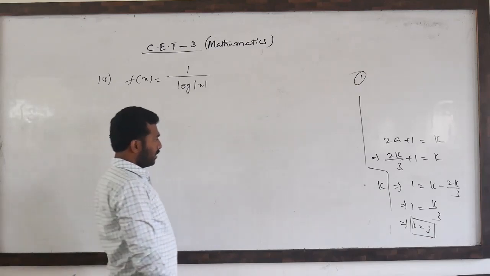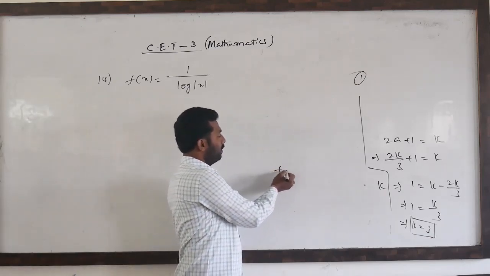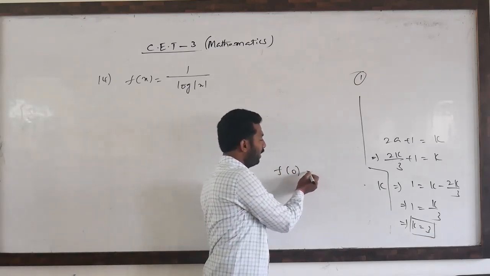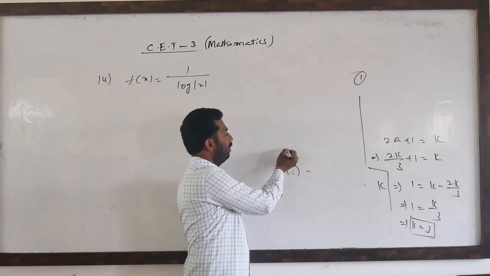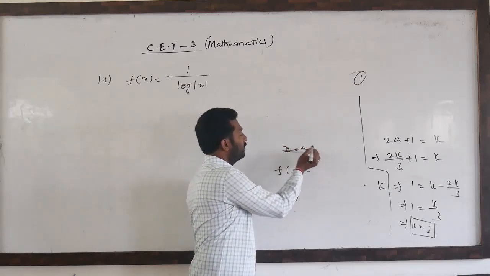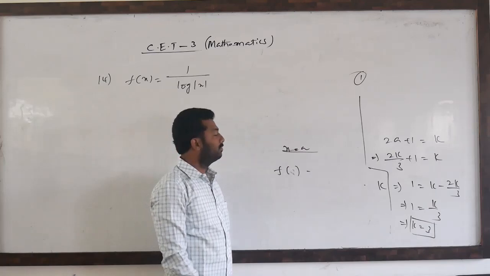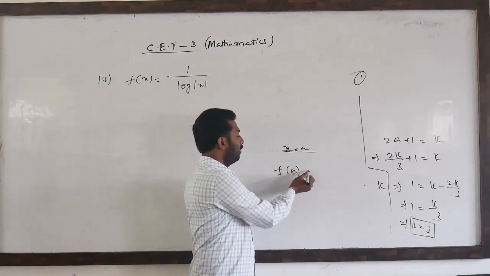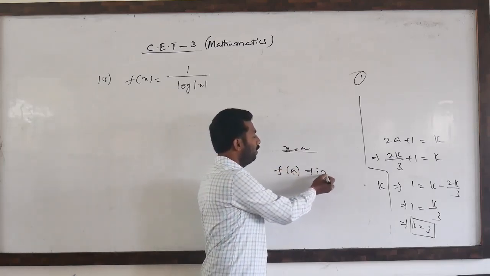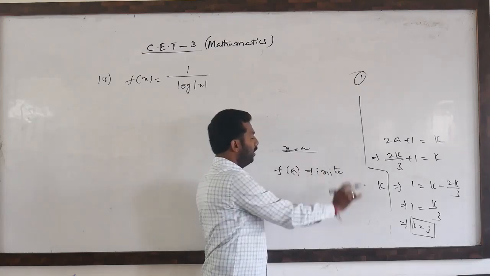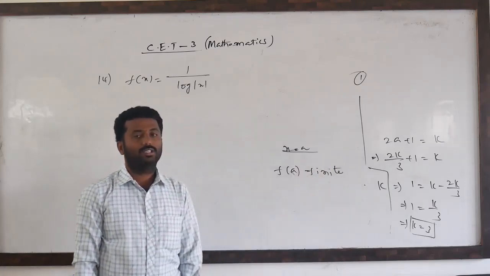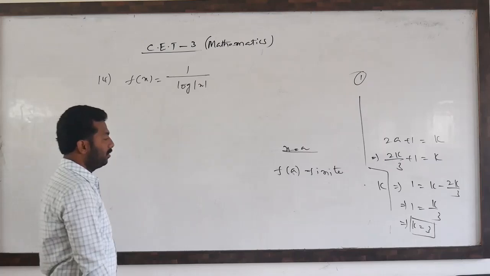So one function said to be continuous or discontinuous means, continuous means f of a value must be finite. If it is infinite means that function is discontinuous.